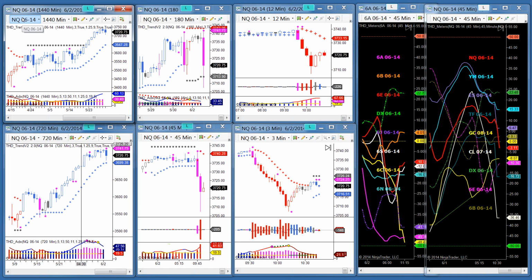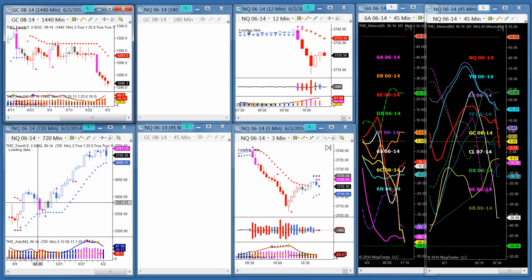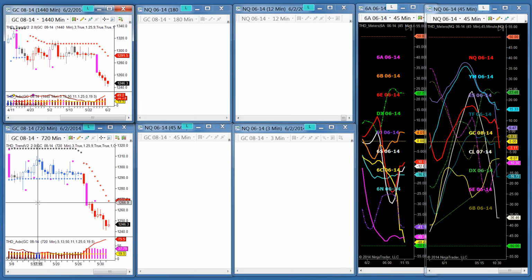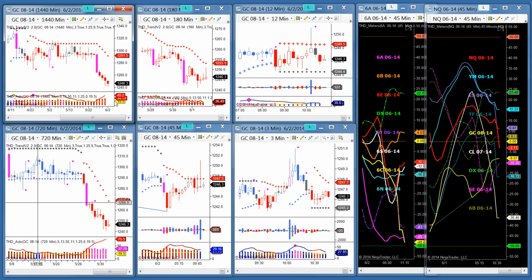Let's go back and see what gold is doing. This ATR right here at 1247.5 is creating a problem, and 1 point up above that you have this ATR. Both of those are creating issues.